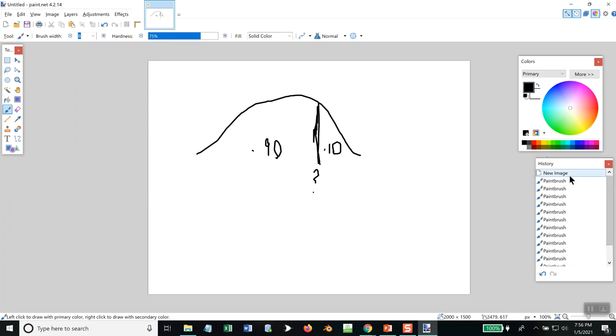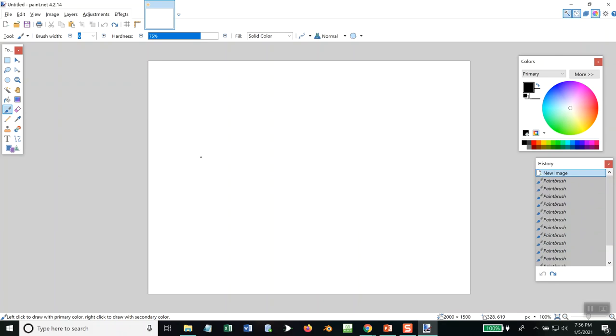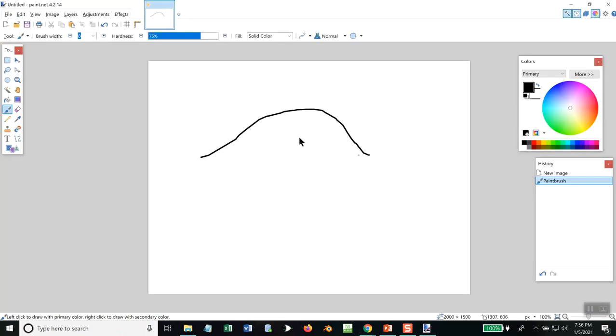Bottom 5% implies that the 5% is over here. I can't draw with this mouse. If that's 5%, this has to be 95%, because it all has to add up to 100%.